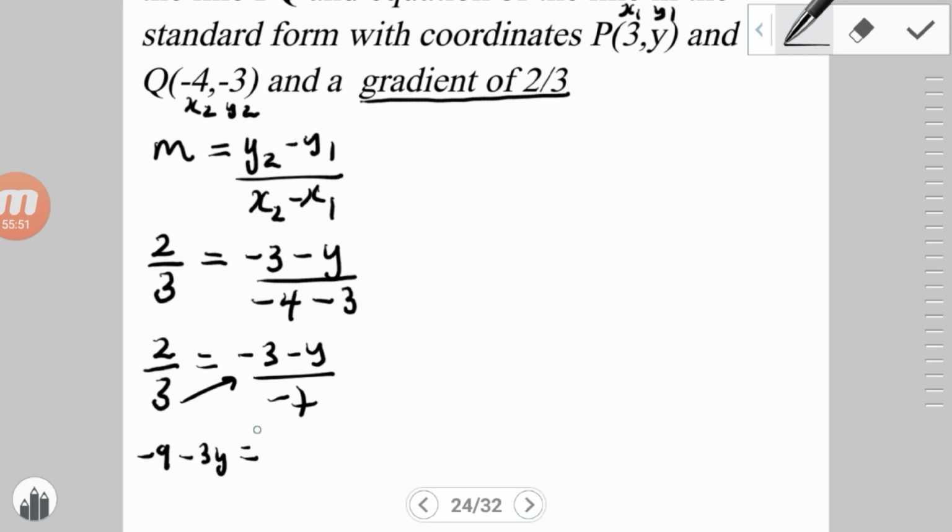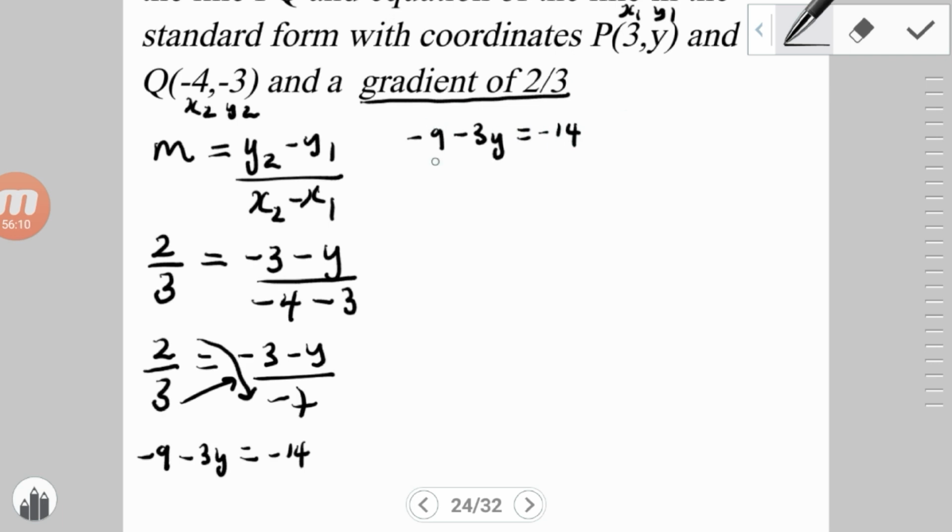And that's going to be equal to, cross multiply over here now. 2 times -7 is -14. So we have a very simple linear equation here to solve. So we have -9 minus 3y equals -14.